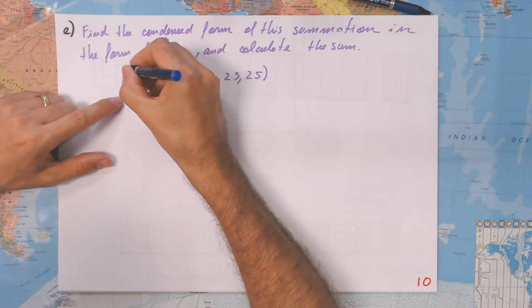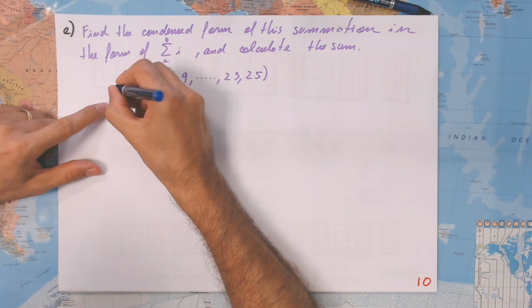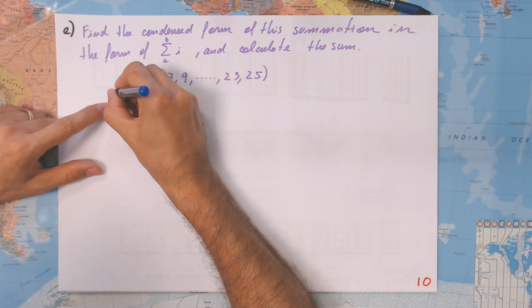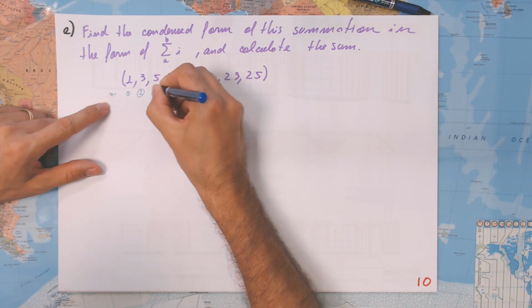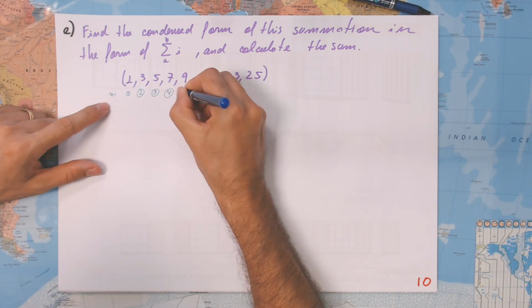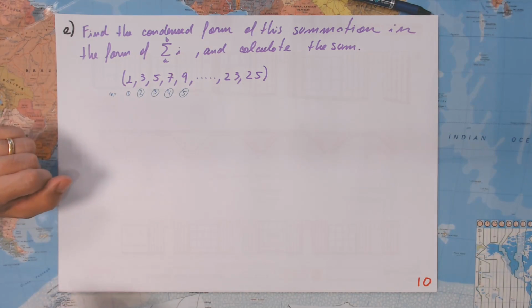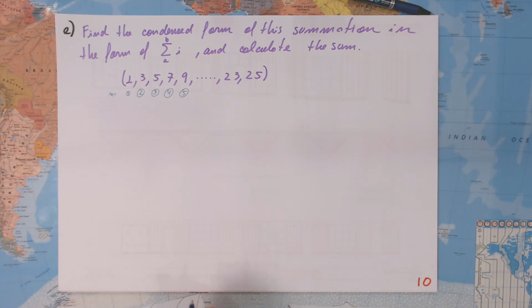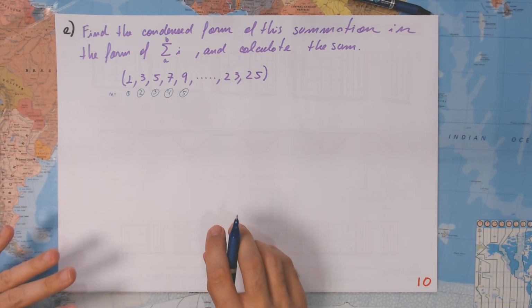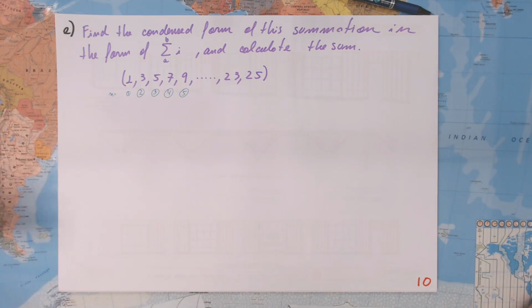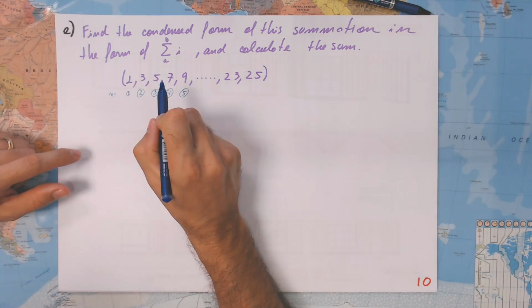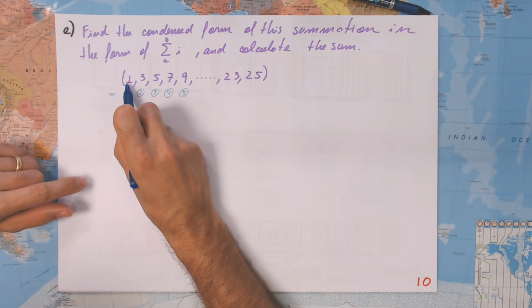Well, this is going to be the number of the term. Okay, n equals 1, 2, 3, 4, 5, and so on. How many terms are we going to have there? Well, for that, let's first find out the general formula. For n equals 1, we have 1.